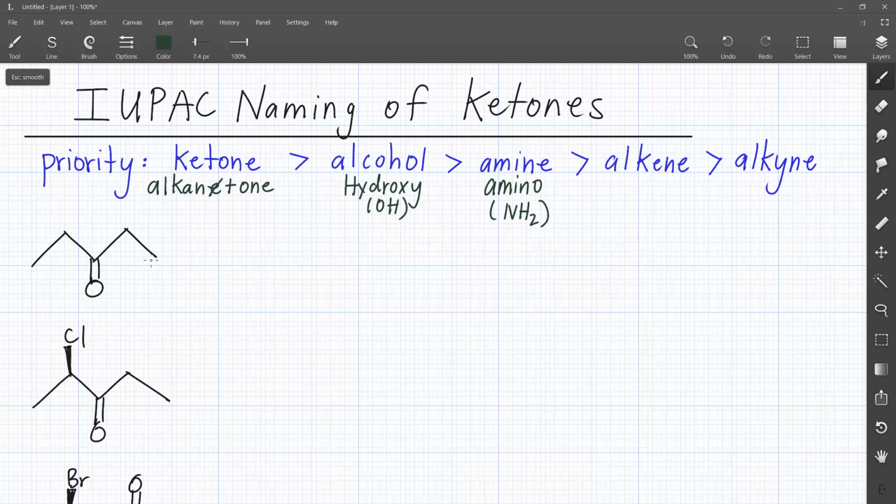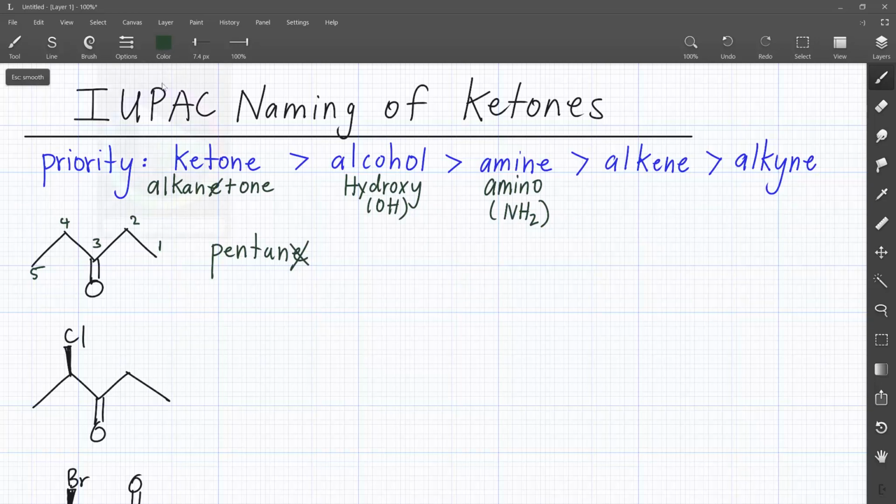So if we look at this example, we have 1, 2, 3, 4, 5 carbons. That would be a pentane without the double bond O. So we get rid of the E, okay?